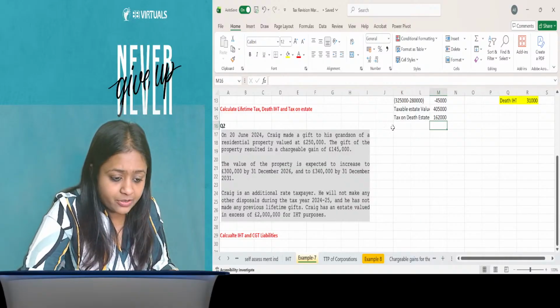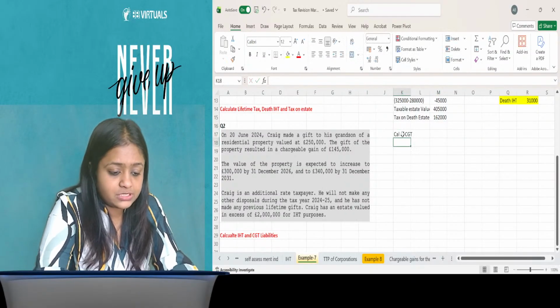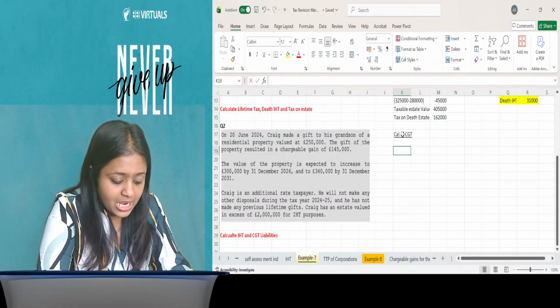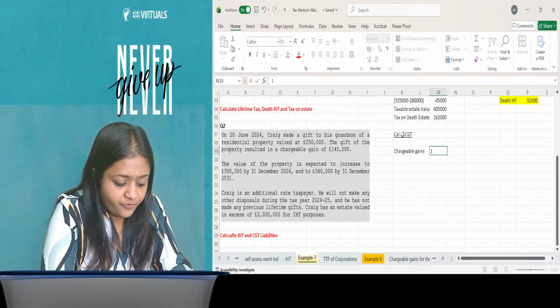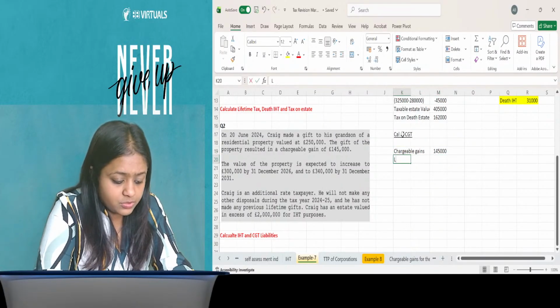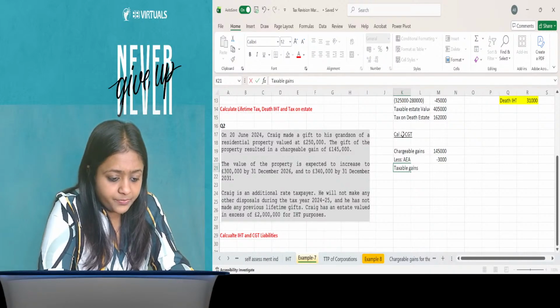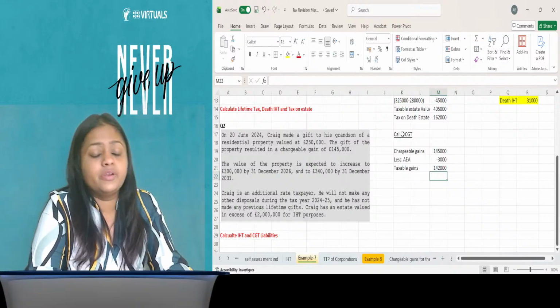So first let's calculate the chargeable gain tax. Here it's a very simple calculation of CGT. So you will have chargeable gains which is already given to you here: 145,000. You will reduce AE, less 3,000. So you will get your taxable gains: 142,000.